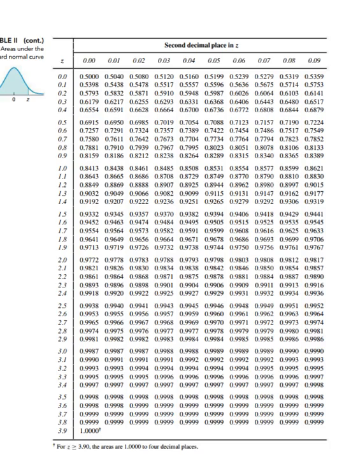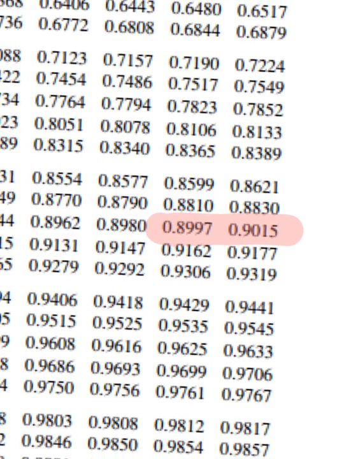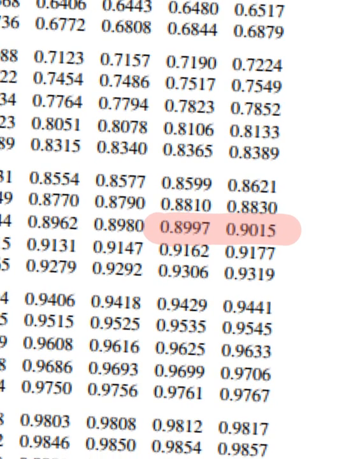Let me see. 0.9 is between two probabilities, 0.8997 and 0.9015. Between these two there is the probability 0.9. But what do we need? A z-score.